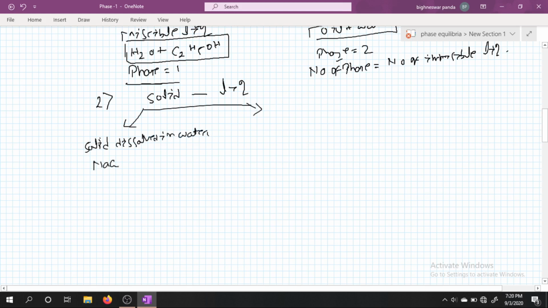Consider NaCl. If you add NaCl to water in this system, this is homogeneous. So here phase equal to 1.